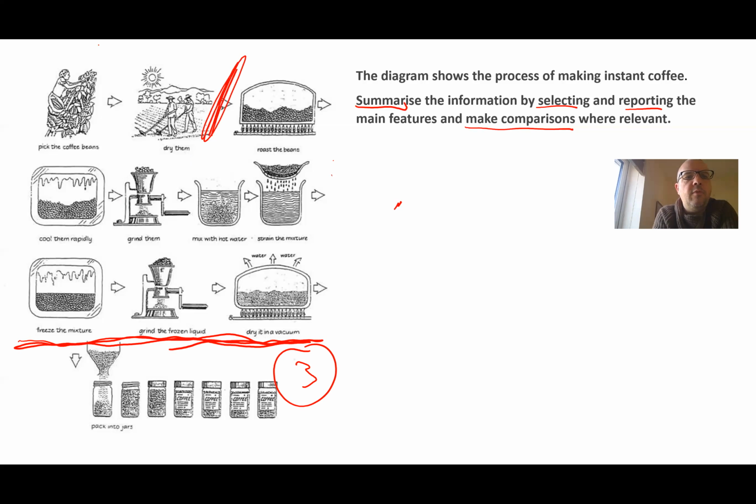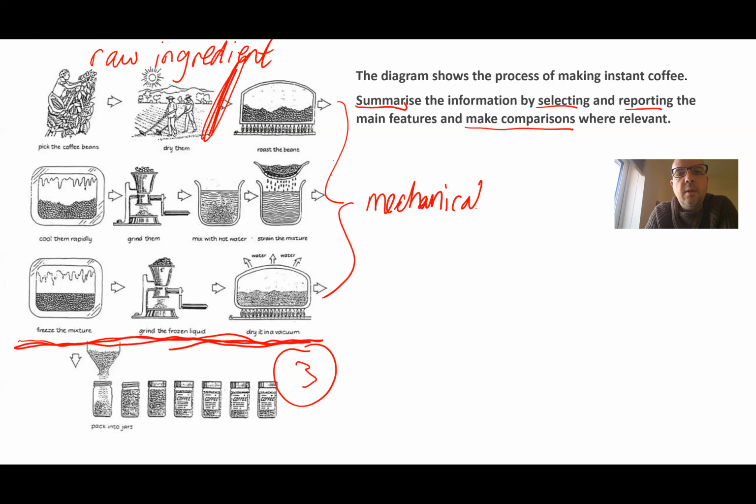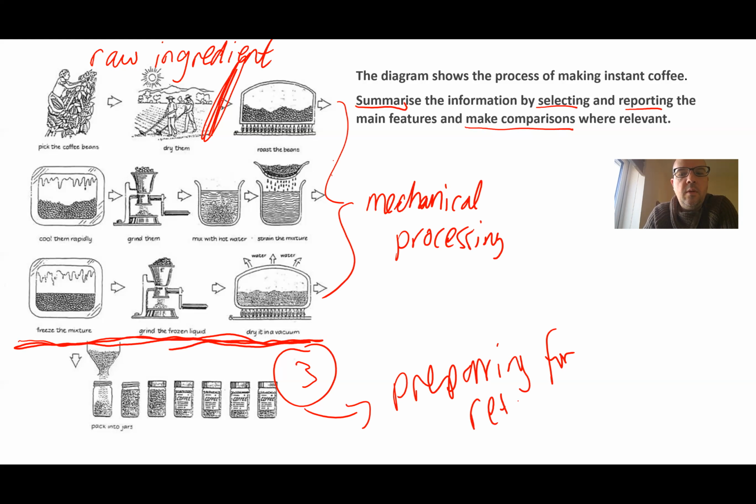So these are about the raw ingredients. The middle phase, which is quite long, contains a lot, and obviously you'll say a lot about that. That's all about the mechanical processing. And the last phase is like preparing for retail. That's another way to do it.